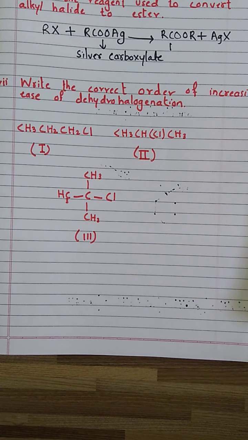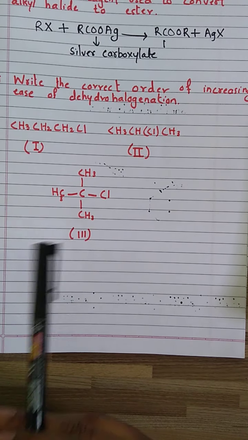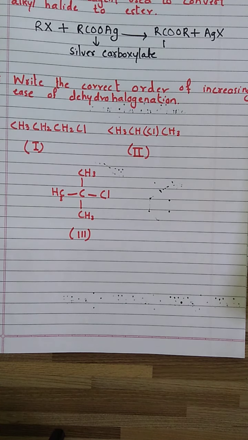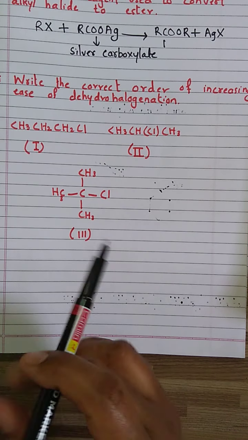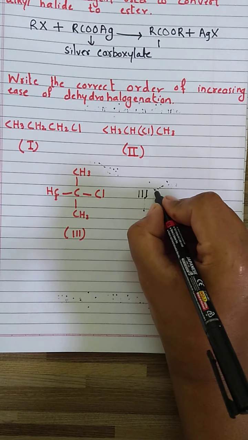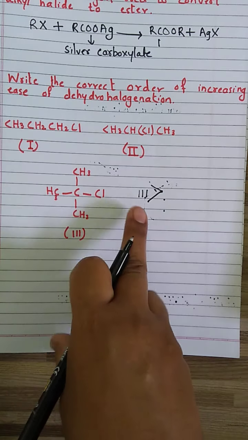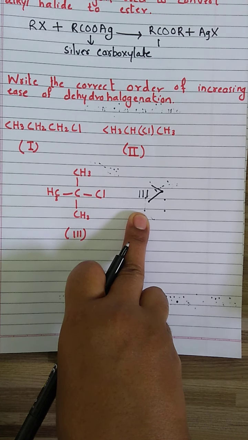So according to Saytzeff rule, we have found that the alkyl halide which produces more highly substituted alkene are more stable. Now out of these 3, we know that tertiary alkyl halide will produce more highly substituted alkene and therefore it would be more stable. So the ease of dehydrohalogenation for tertiary alkyl halide would be more.